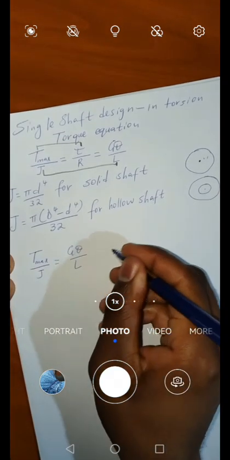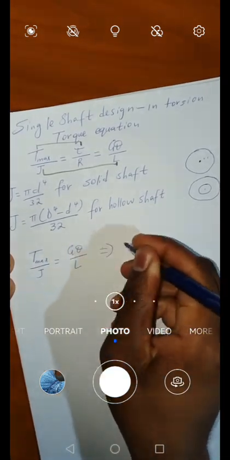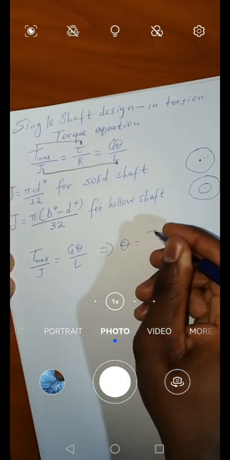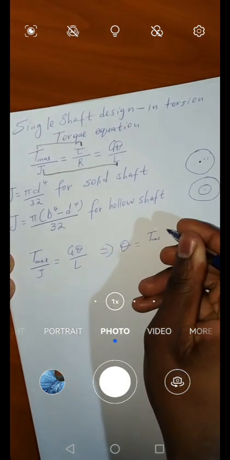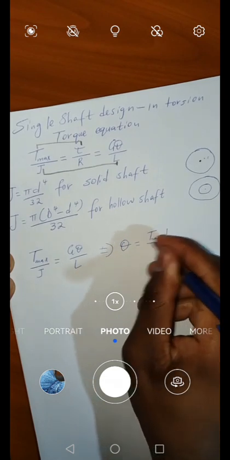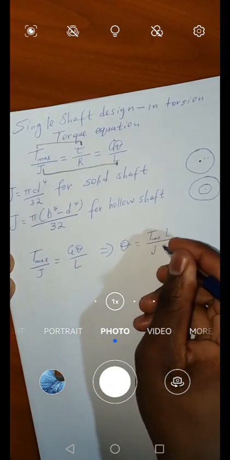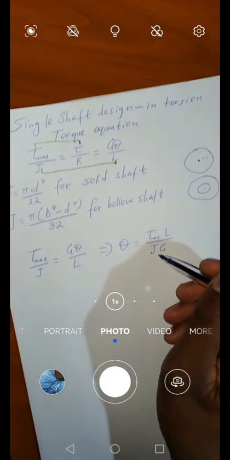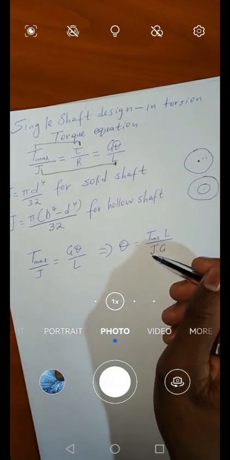So from here, if you make theta, which is the angle of twist, the subject of the formula, you will have T L over J G. So remember these two, I said that these are the resistances.